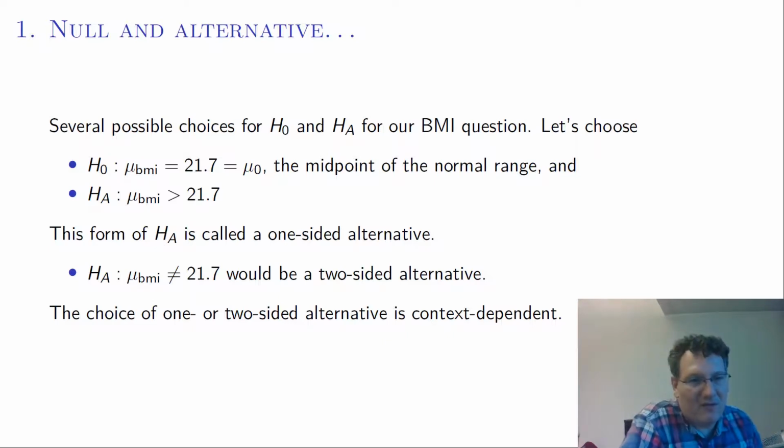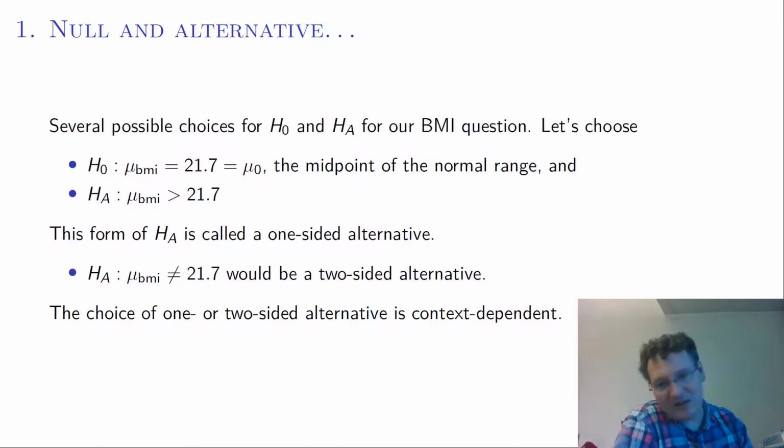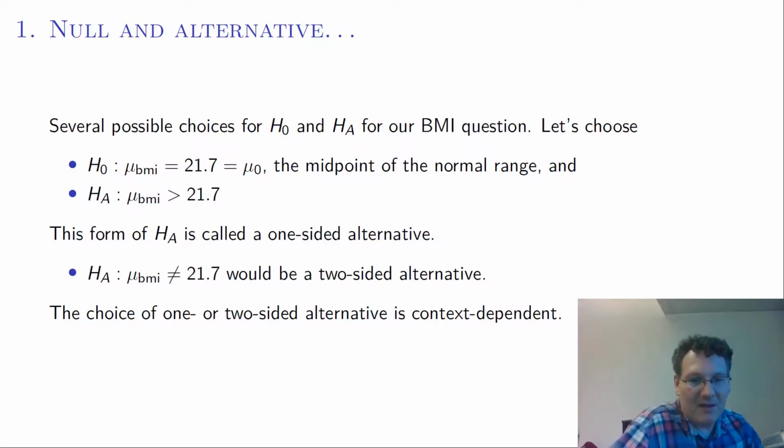And we're always going to have the null hypothesis have the parameter equal to some null value, because we need to be able to calculate the distribution under the null hypothesis. So we need to know what the parameter is under the null hypothesis. The alternative can just be greater than that or less than that or even not equal to it. That's called a two-sided alternative. And it really depends on the context and the hunch of the researcher whether you're going to choose a one-sided or a two-sided alternative hypothesis.